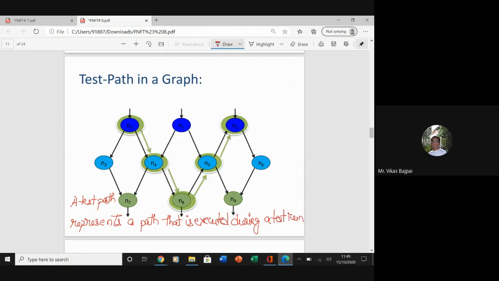It's like from here to here, this particular path gets executed in a test run. So it's like a path or a control flow which is under consideration.